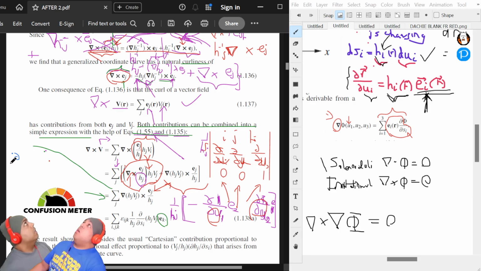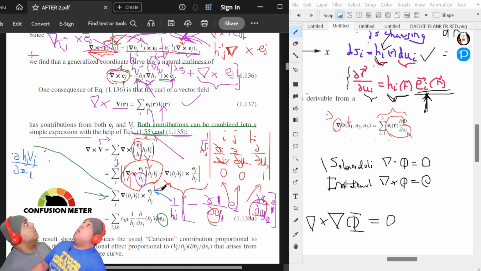So del X, HJ, VJ, right? We have this. Del X, and let's call the subscript L. And then we have EJ.